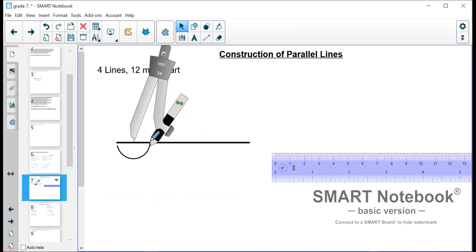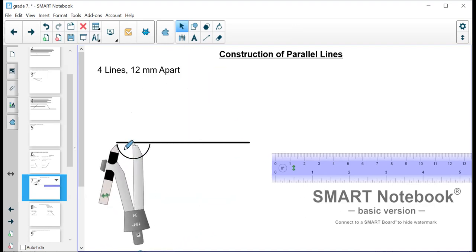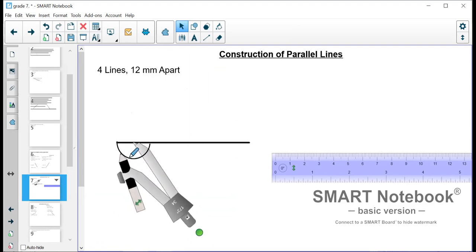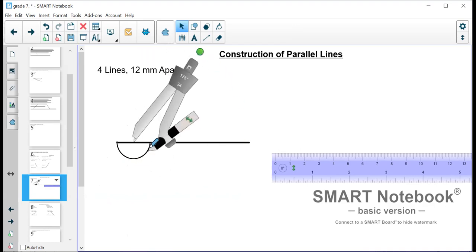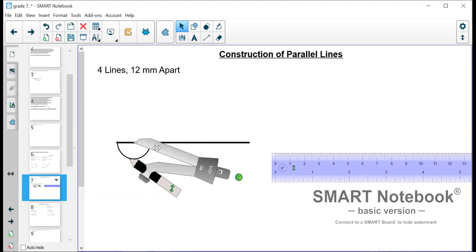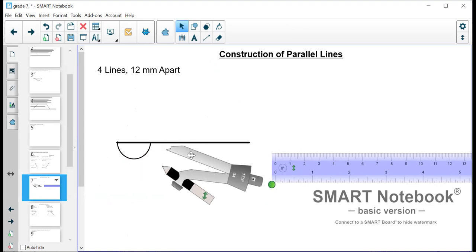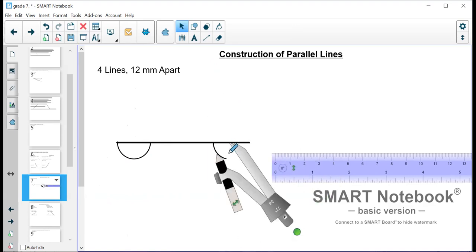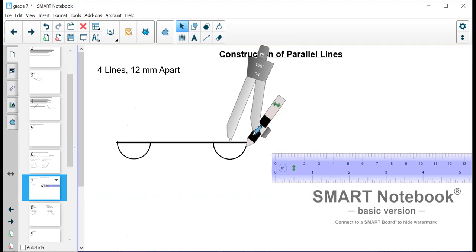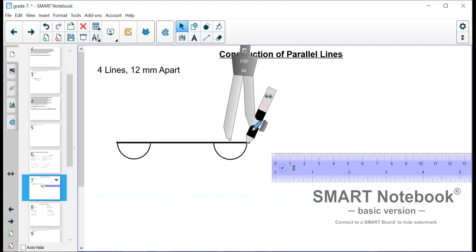And it doesn't have to be a complete semicircle, right? It just has to be an arc. But for now, just for your general understanding, you can draw an entire semicircle. All right, move on. With the same measurement, you go closer to the other end of the line and you draw another. Right, remember we're using the same 12 mm.